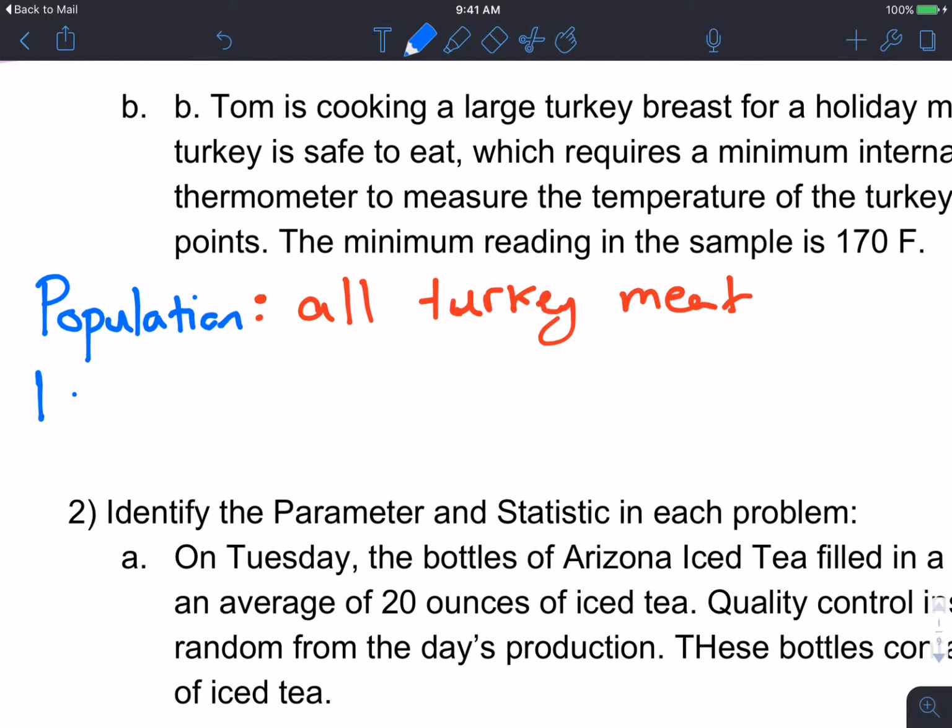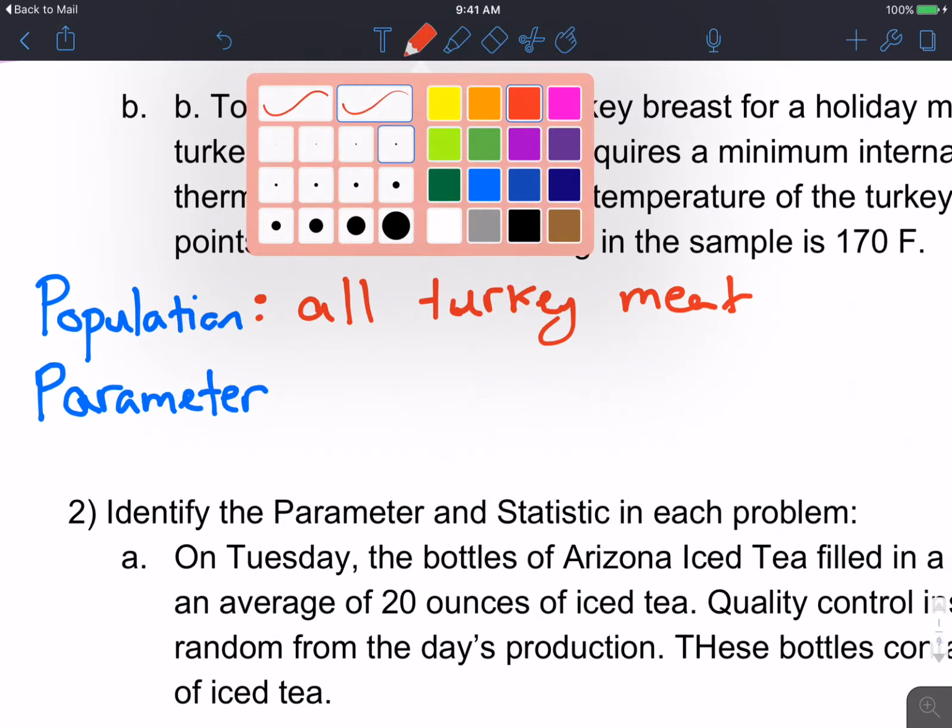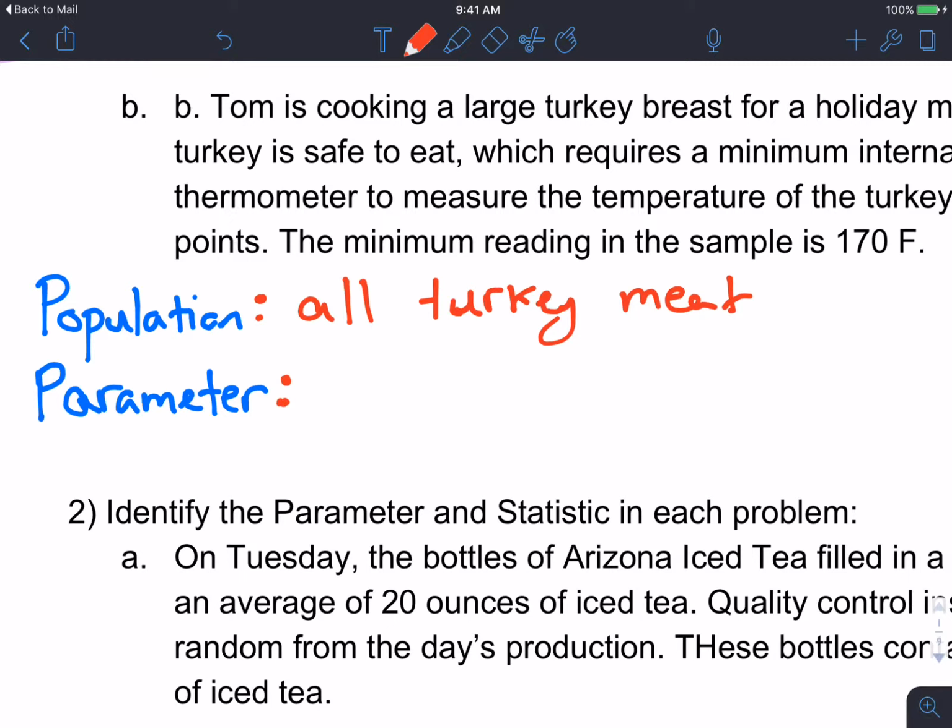The parameter is the minimum temp of the turkey.